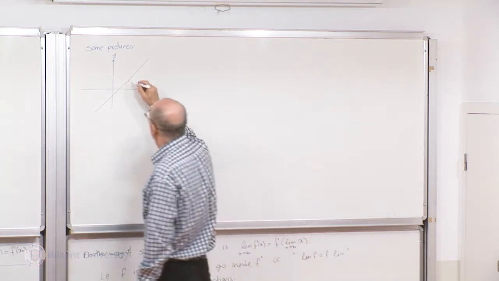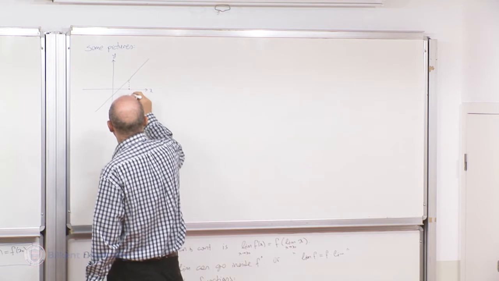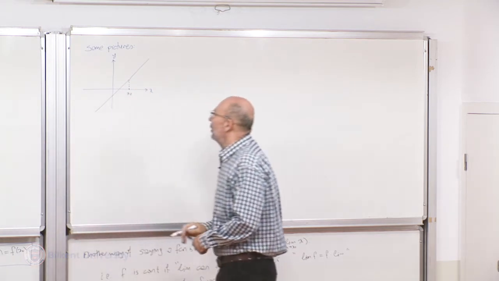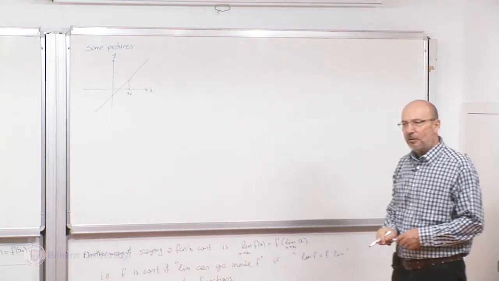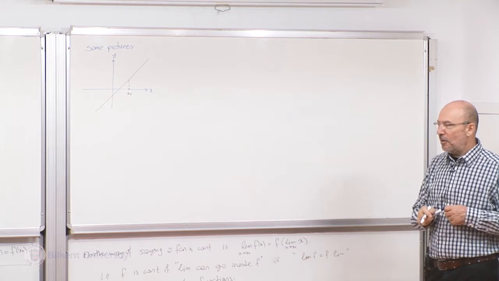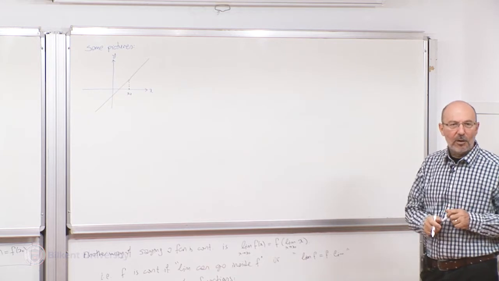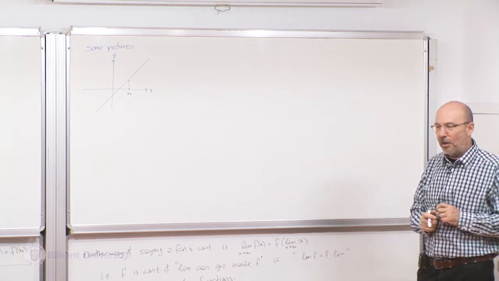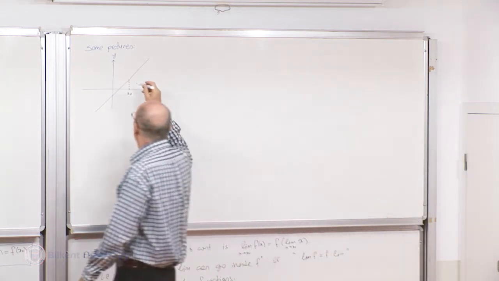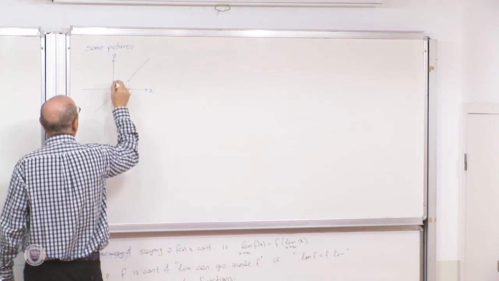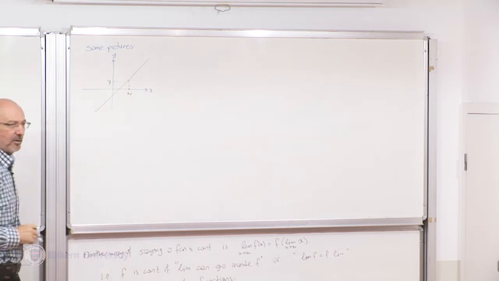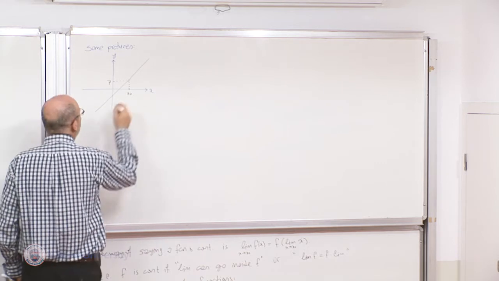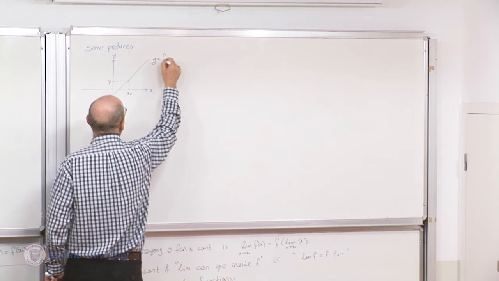If you look at this, this is x sub 0. Now this function is not defined at x sub 0, so it's not continuous there. Its limit exists. Let's say this number is, I don't know, 7. Who cares? Let us call this y equals f of x.